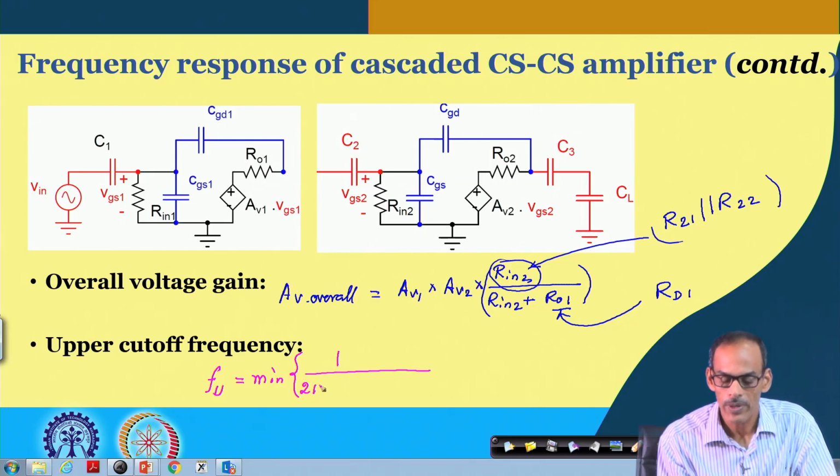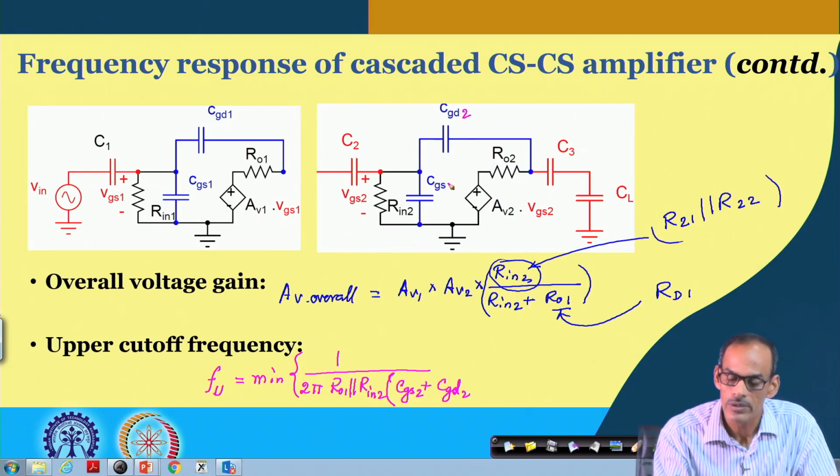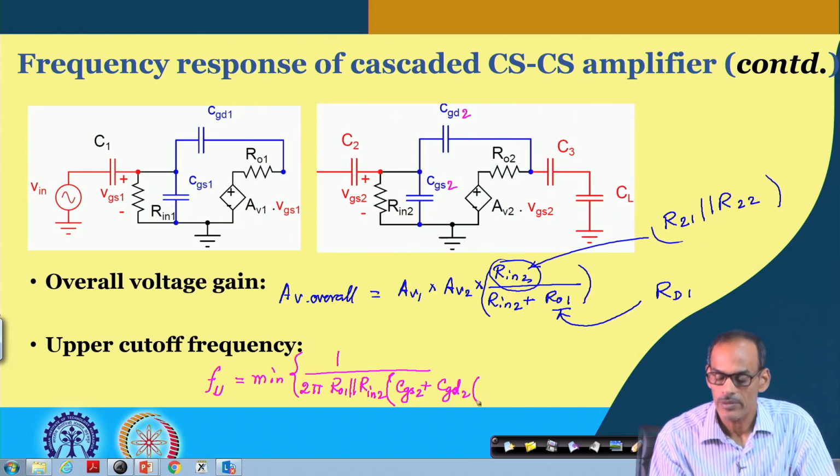So we have 1 over 2 pi, then RO1 in parallel with Rin2, multiplied by CGS2 plus CGD2, multiplied by 1 plus AV2.